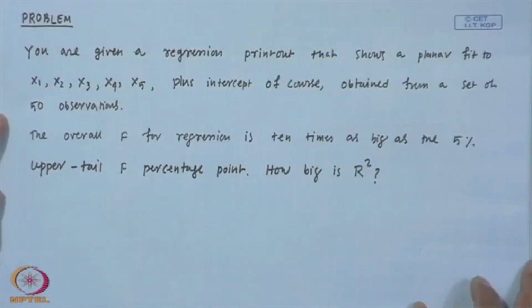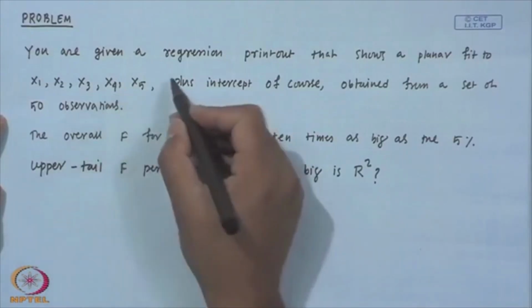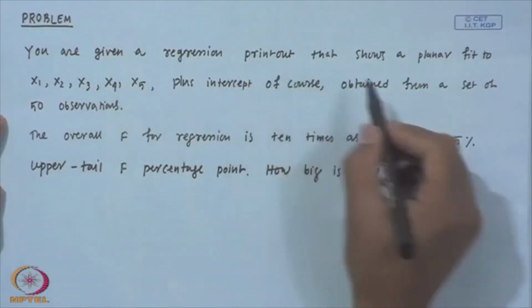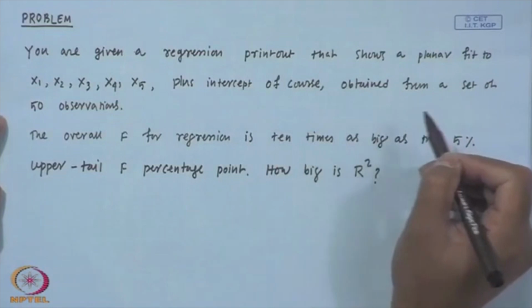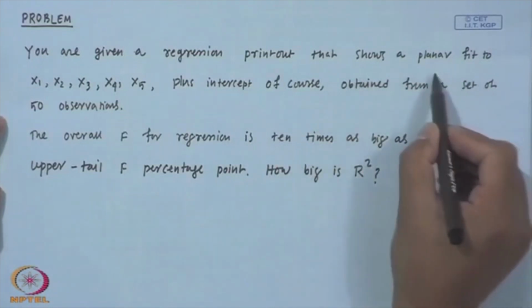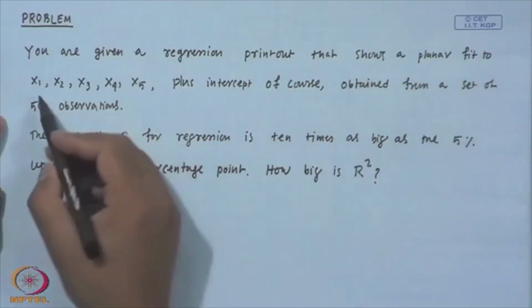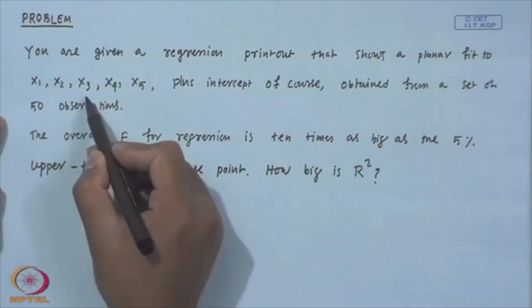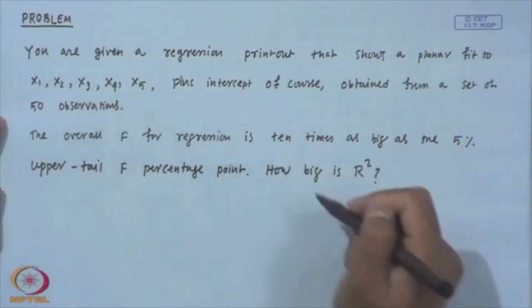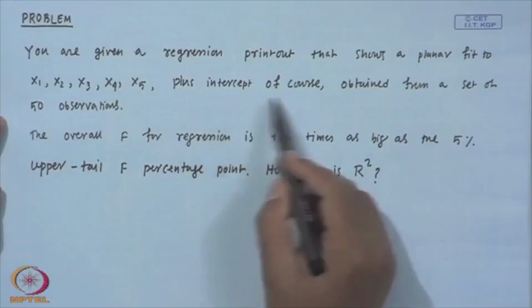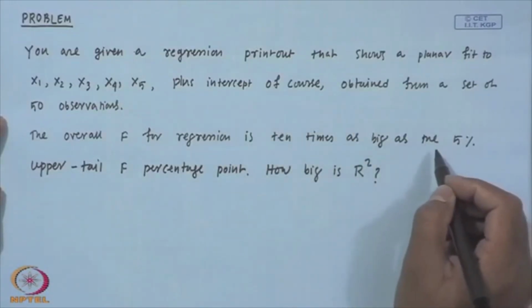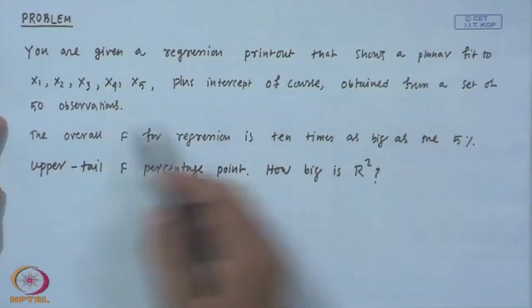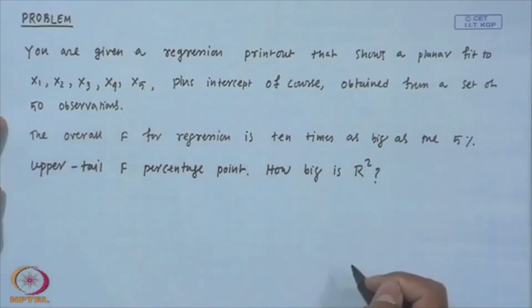This problem says that you are given a regression printout that shows a planar fit to x 1, x 2, x 3, x 4 and x 5 plus intercept of course, obtained from a set of 50 observations.